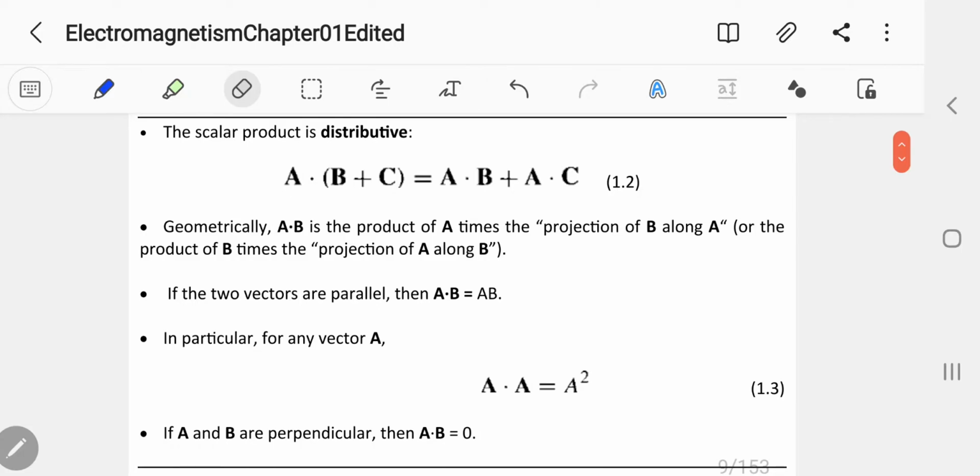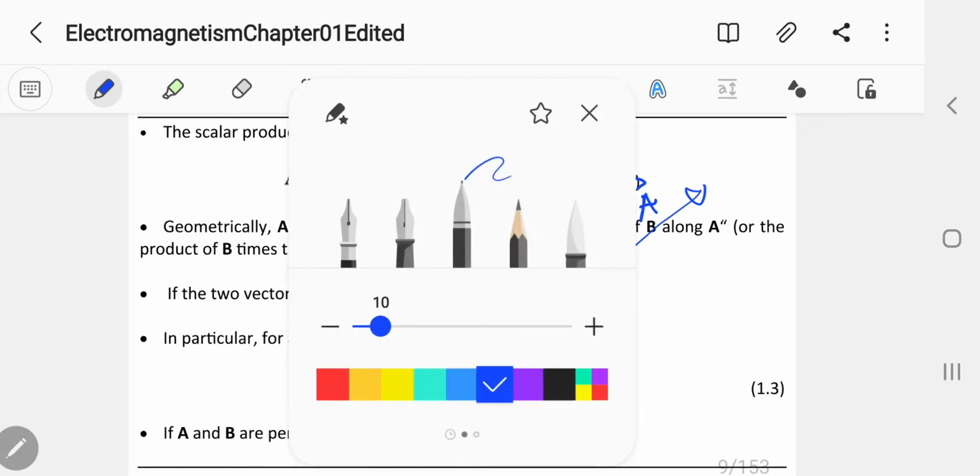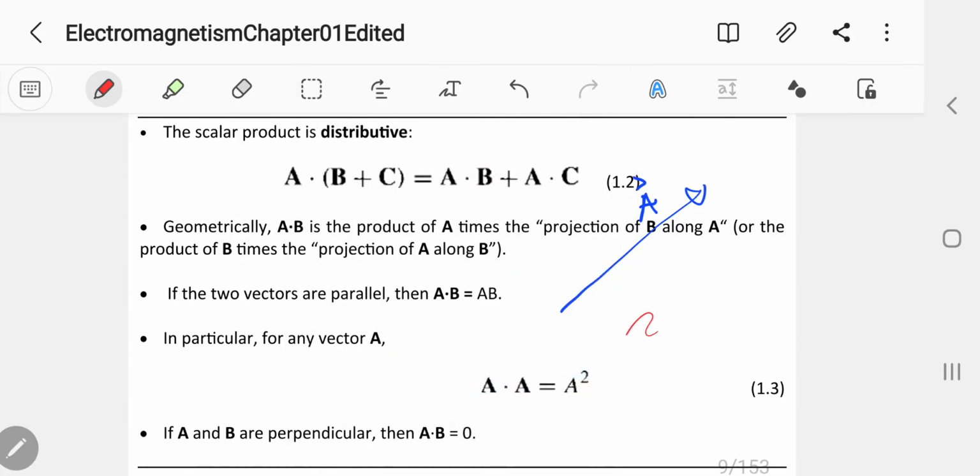So by the way, geometrically, A dot B is the product of A times the projection of B along A. So if you have a vector A here, and then you have a vector B, for example, here, the projection of B along A, this is theta, for example.